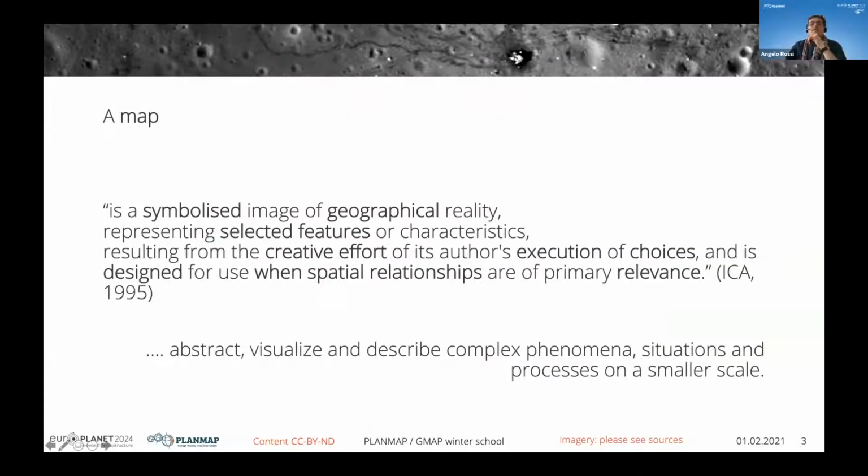And the first thing to start with is a map. And the map, that's the definition by a cartographer. By a geologist, you will probably hear something slightly different, but at the end of the day, it's an abstraction. It's a model, an analog model or digital model of reality, sometimes a numerical model.